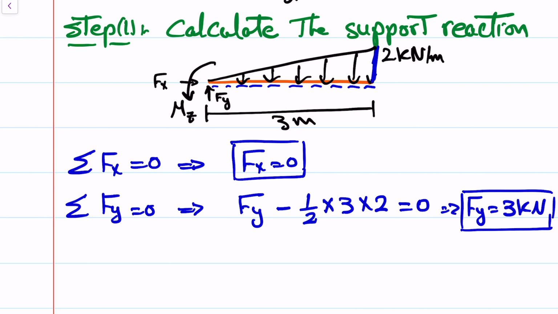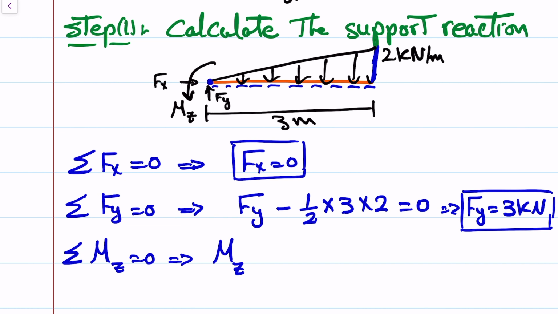Okay, the moment, summation moment about z equal to 0. That means we have Mz. Okay, and I will take the moment about the hinge point itself.